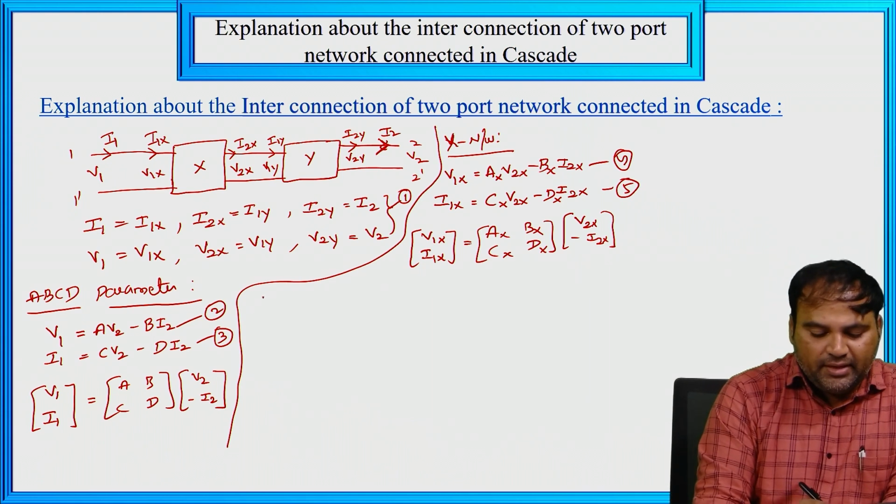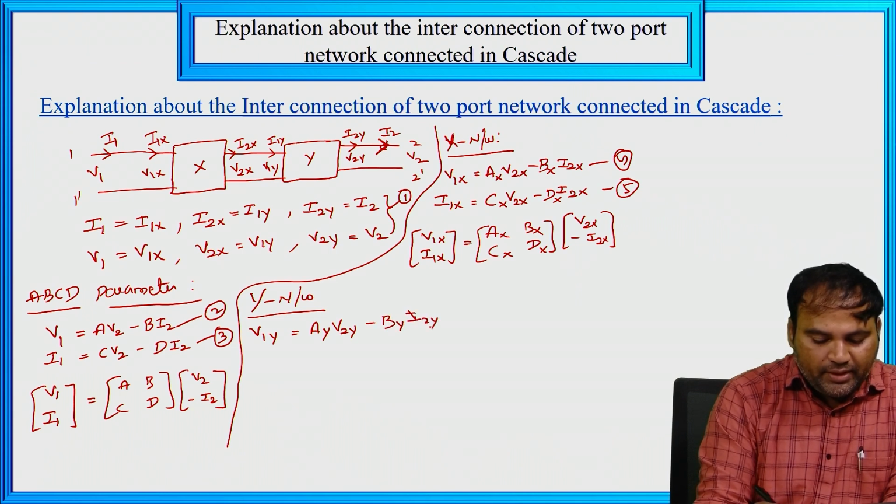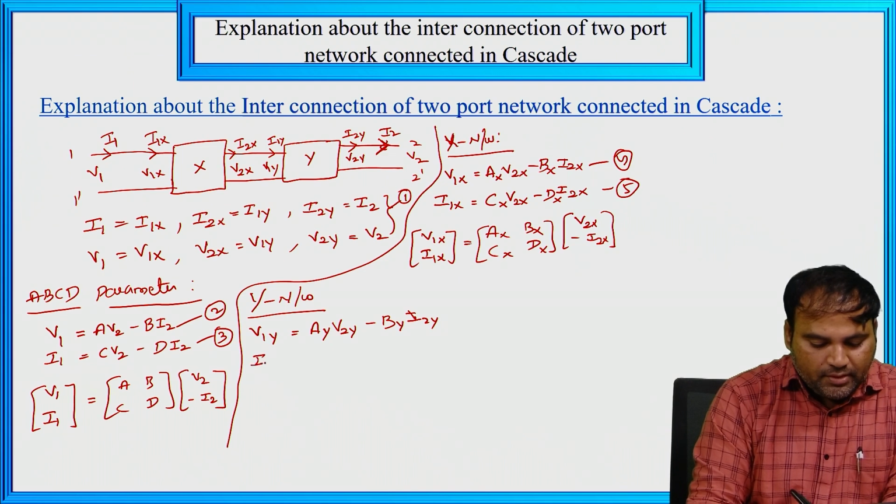Similarly, for the Y network equation, V1Y equal to AY V2Y minus BY I2Y, and I1Y equal to CY V2Y minus DY I2Y.